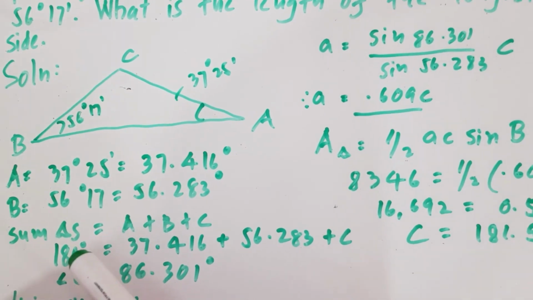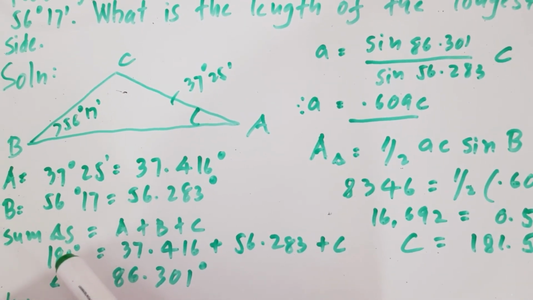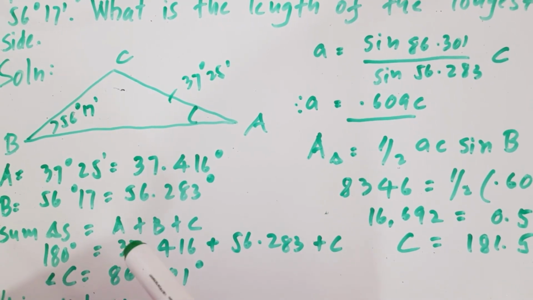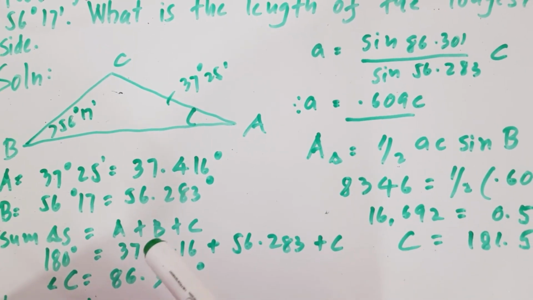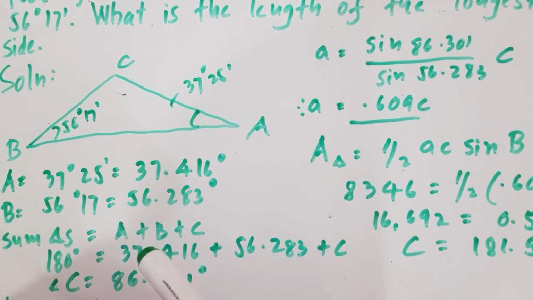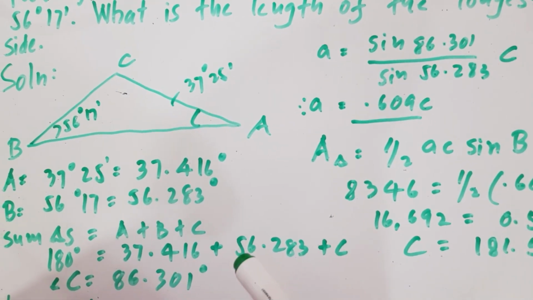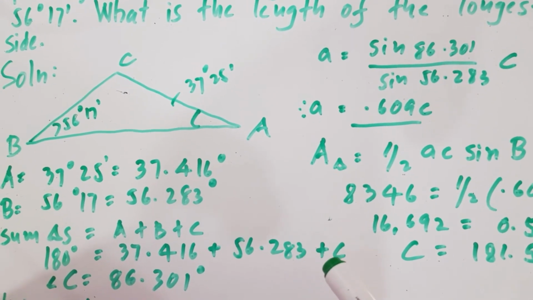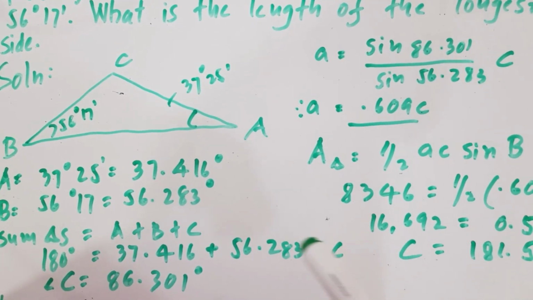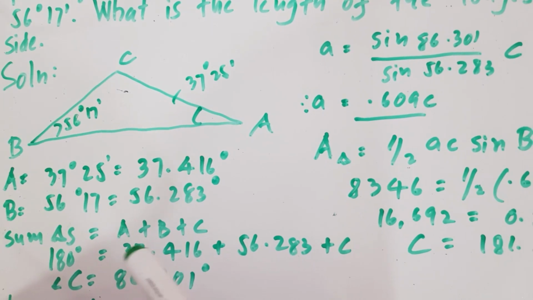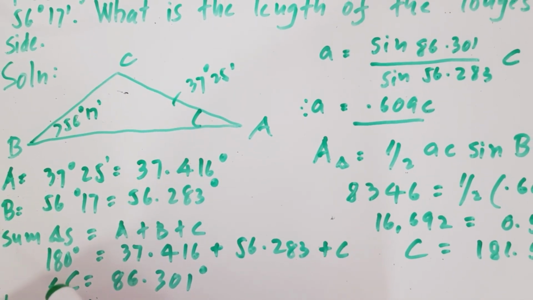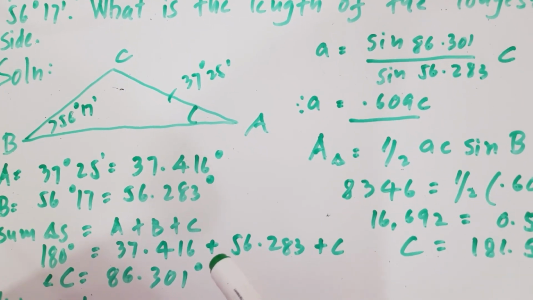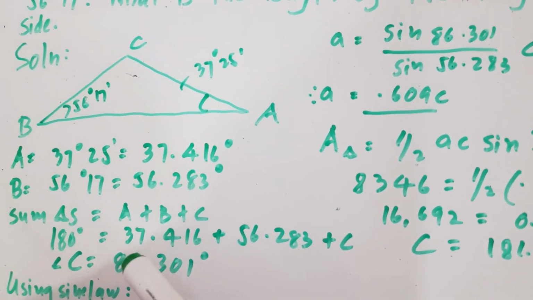Therefore, substituting the values, the total interior angles is 180 degrees, and angle A is equal to 37.416 plus angle B, which is 56.283, plus angle C. Simplifying this, angle C therefore is equal to 86.301 degrees. Now, we already have the angle C.